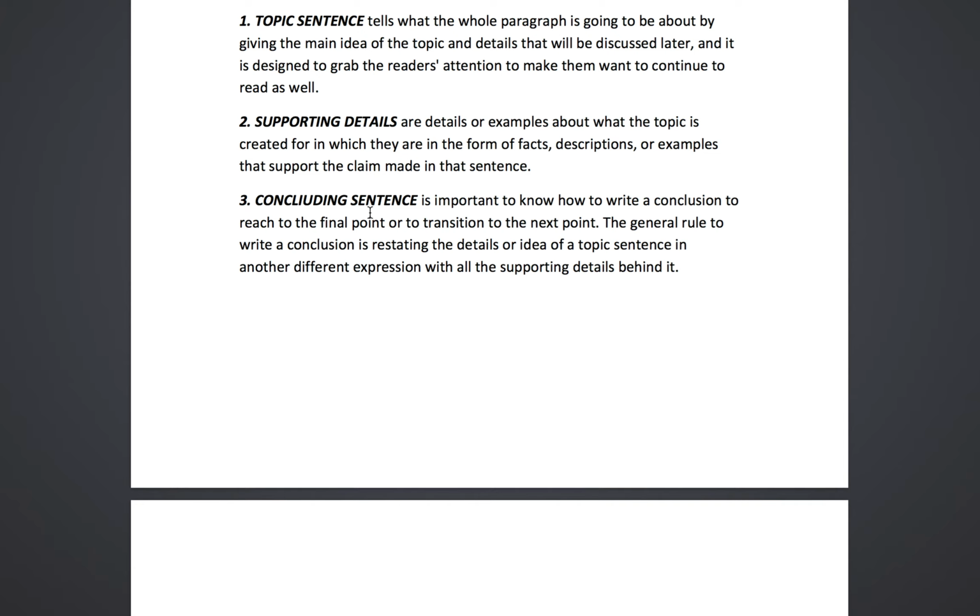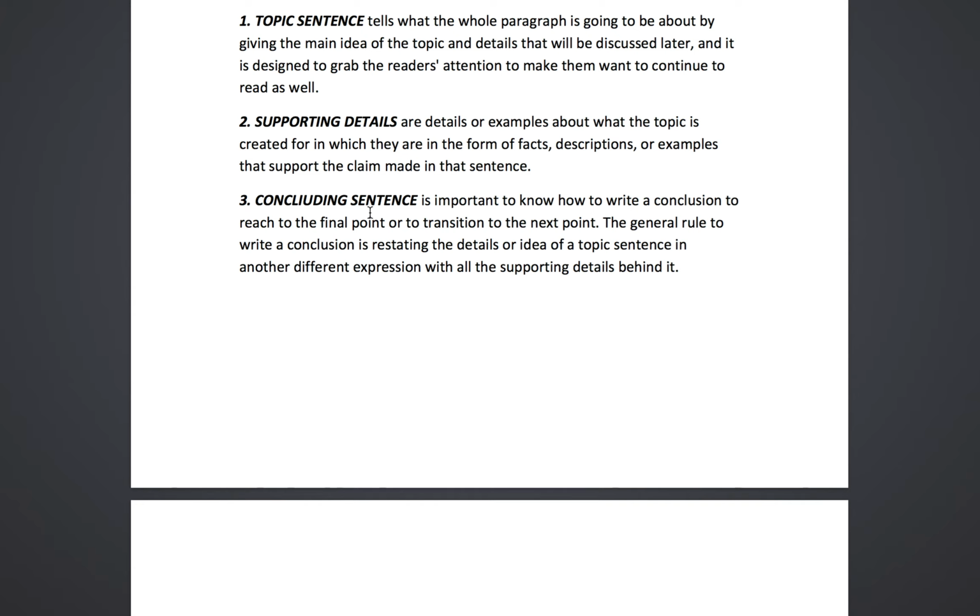The second part is that we have to have supporting details. They are details or examples about what the topic sentence is created for, in the form of facts, descriptions, or examples that support the claim made in that sentence.